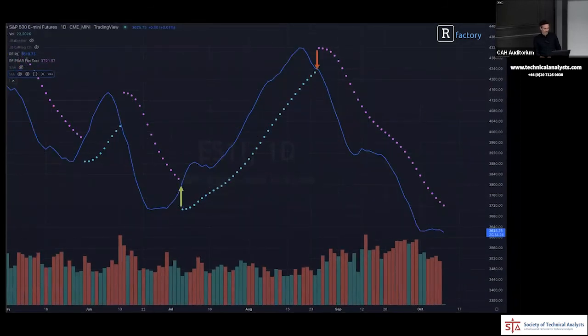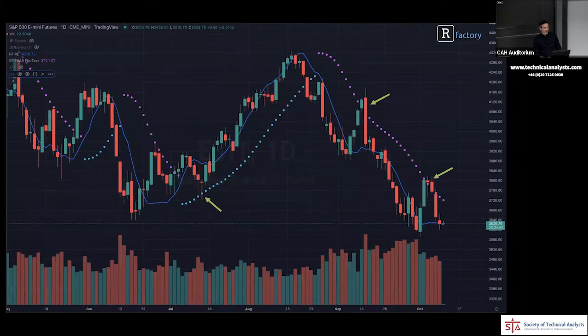One thing I didn't mention: when we put the PSAR on the RL, there are various points where price is piercing through the PSAR, but it doesn't cause the trend to change. I mentioned it, but I just wanted you to see it on the chart.